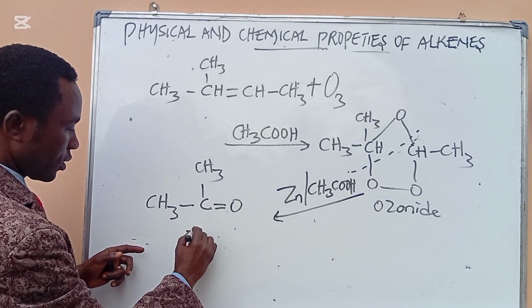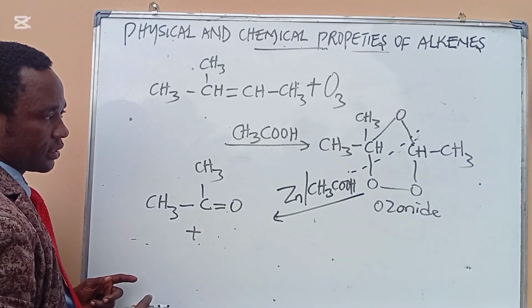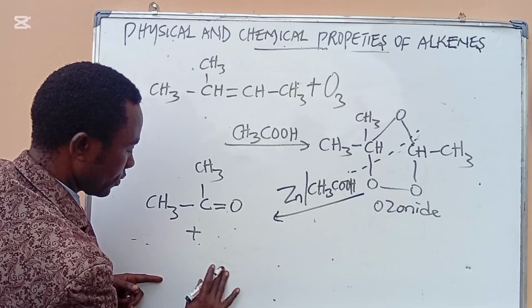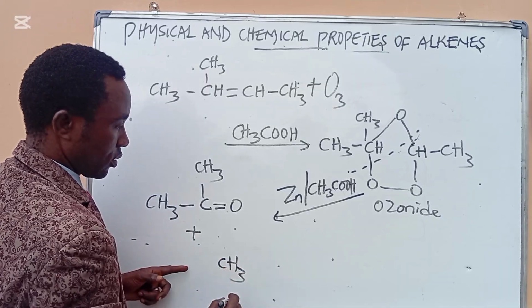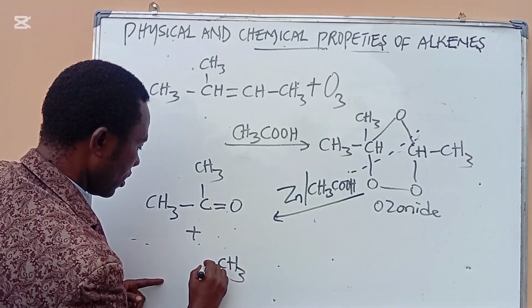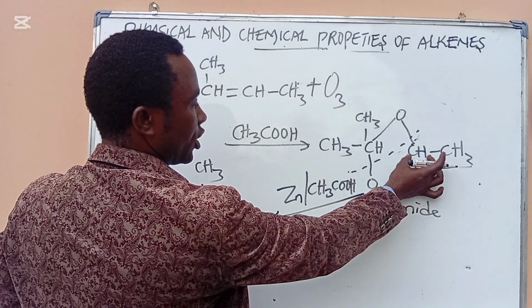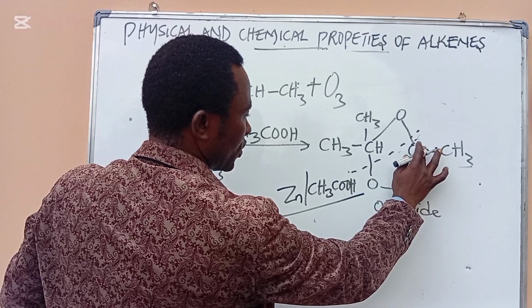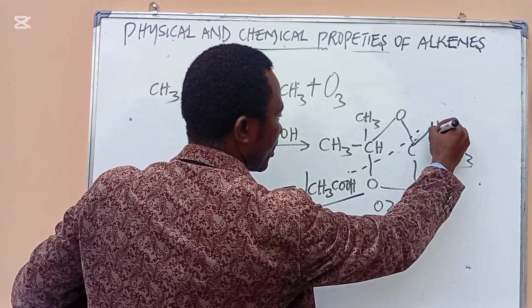So plus the next compound you get is this side. You write your CH3. I hope you can see. That is CH3. Then this is CH. This CH, the H here can be written here if we like.